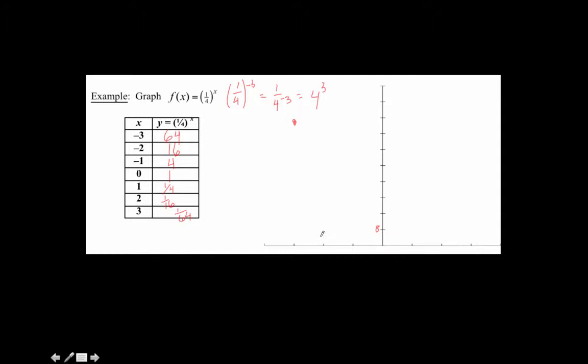And then from negative 2, I go to 16. And negative 1 to 4. Zero is at 1, and these, honestly, I can't even get low enough to graph them because they need to be below this 1. So pretend they're there.